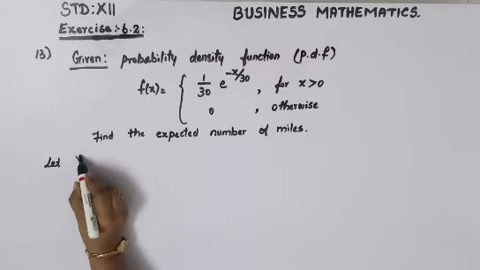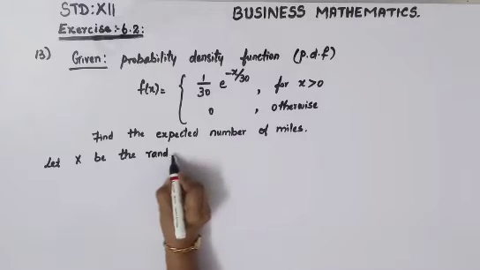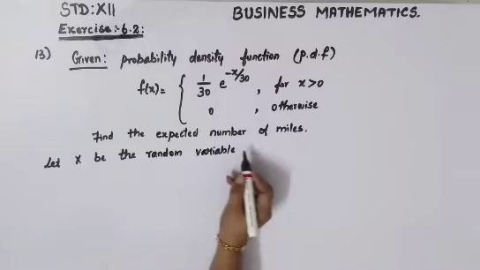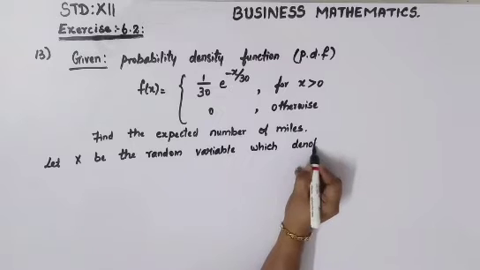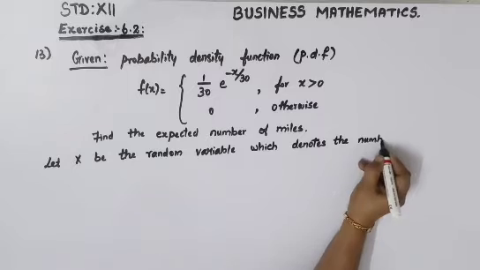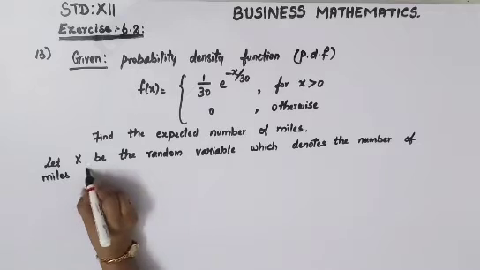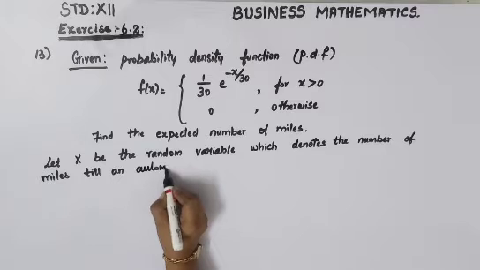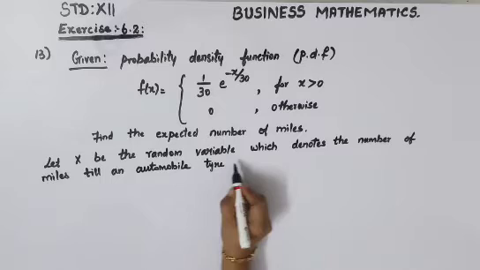Let x be the random variable which denotes the number of miles till an automobile tire lasts.